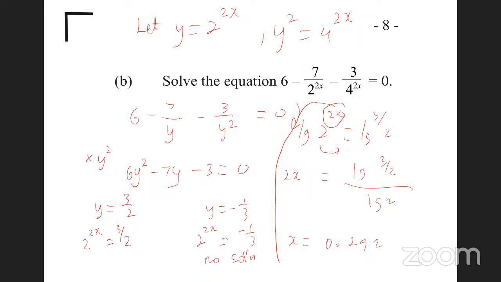So you'll get 2x is log 3 on 2 over log 2, and then you divide everything by 2. Amanda got 0.292. You got that? Yes. All right. And the next one is negative, so that's no solution.